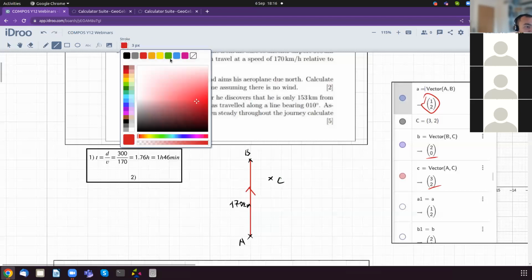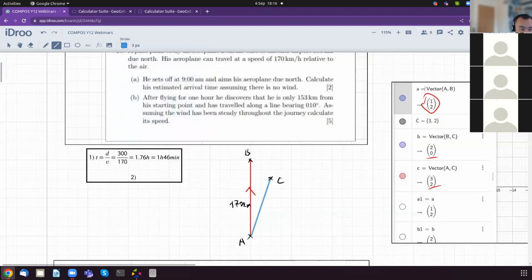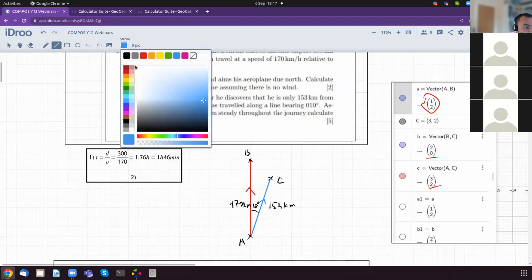And this is his true motion, 153 kilometers. And this is 10 degrees. And so the wind must have blown in this direction from B to C.